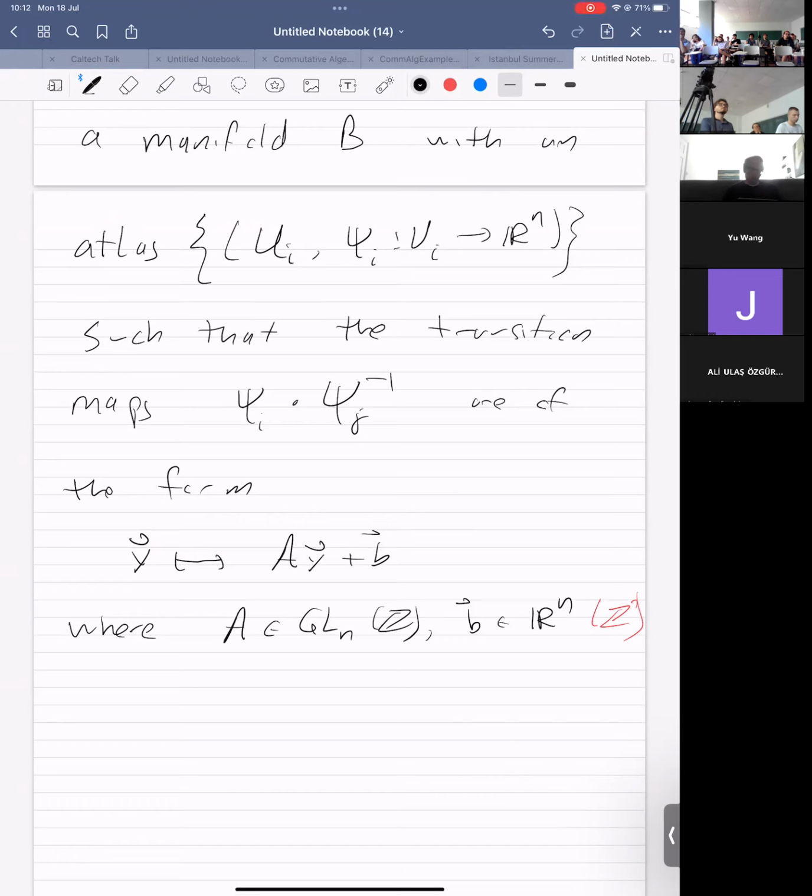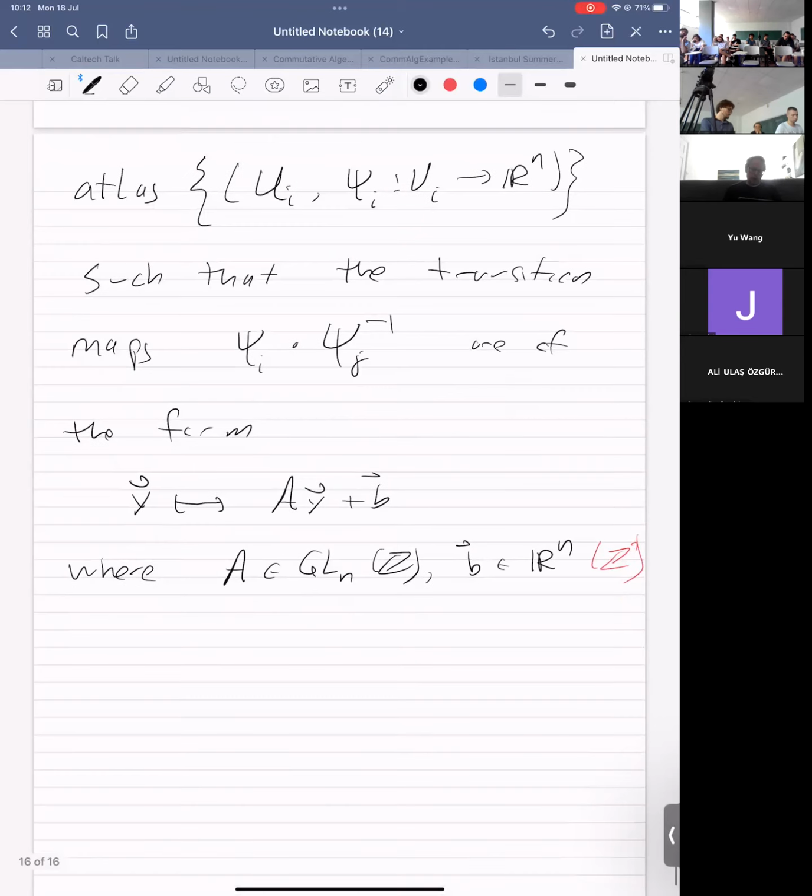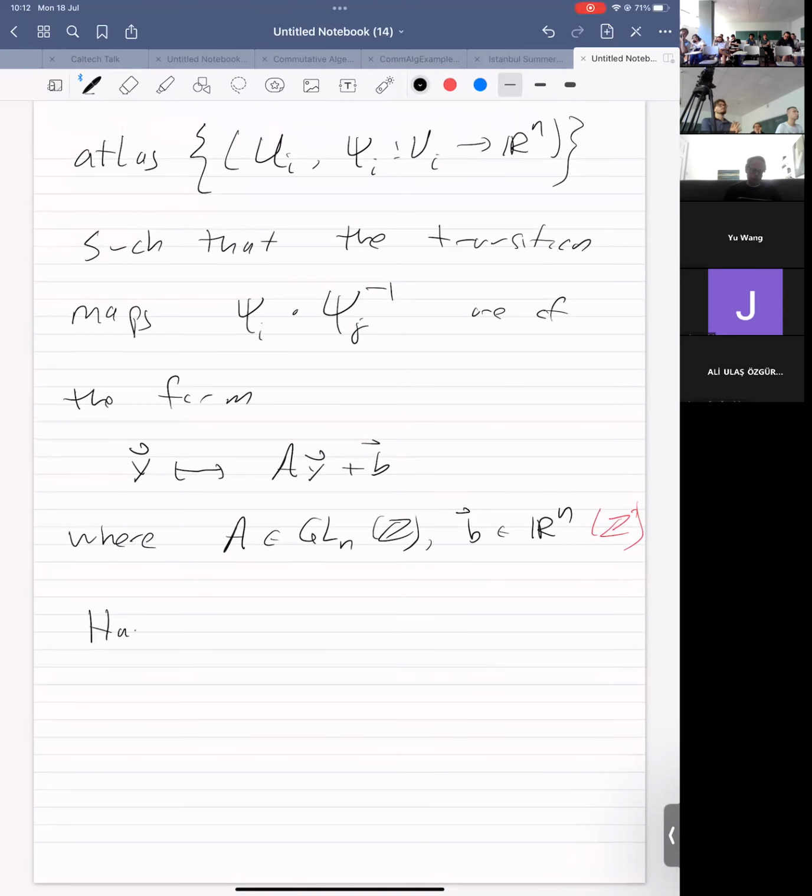Now, if you have one of these, we have two lattices, Lambda contained in TB.